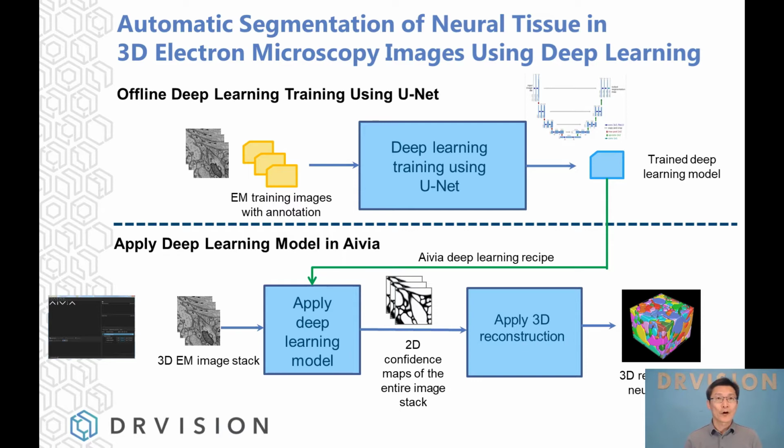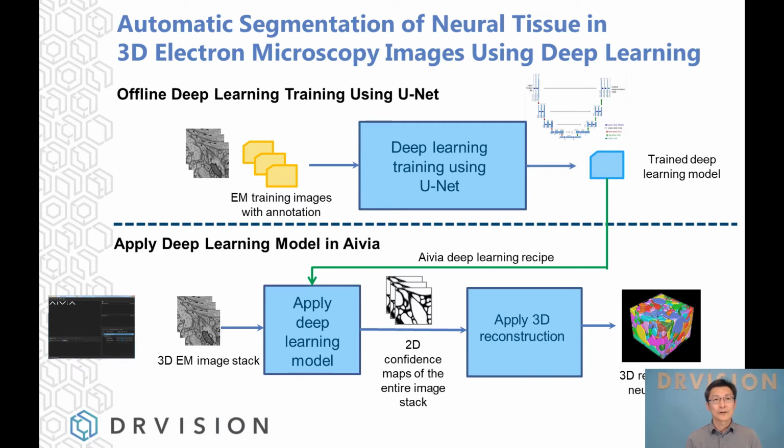It's well known that deep learning models outperform many of the traditional image processing based algorithms in scientific competitions. We are proud to introduce this tool to use deep learning for 3D EM segmentation.